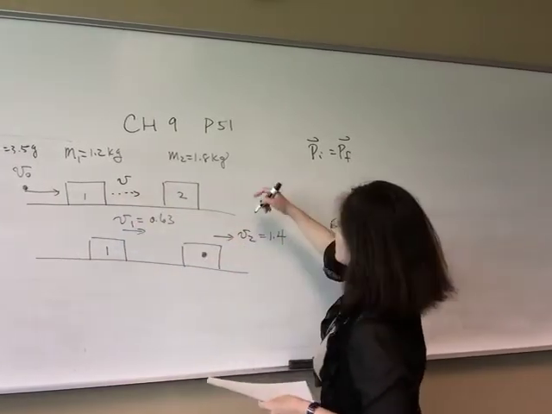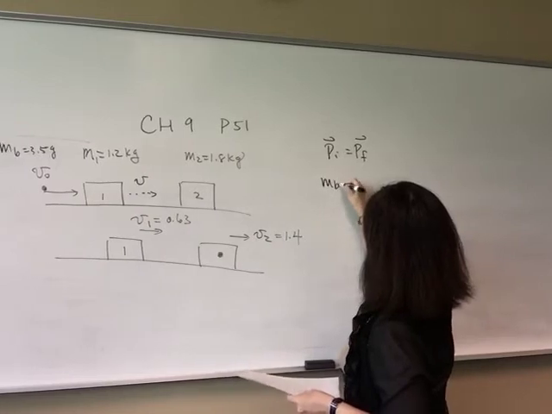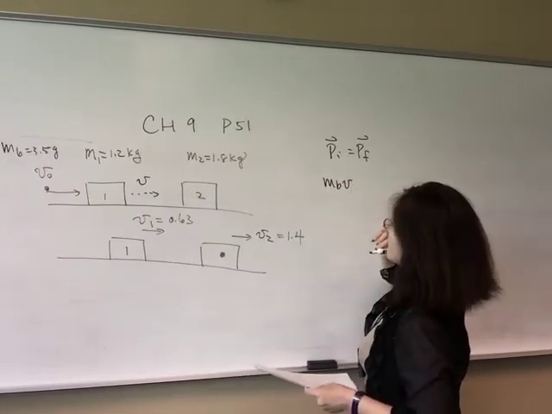So you have the linear momentum, the mass of the bullet times the velocity v.